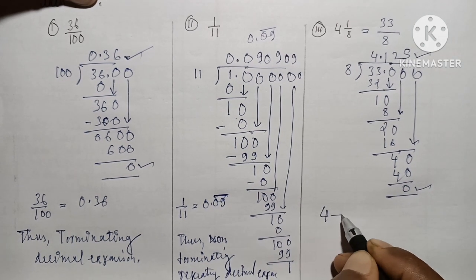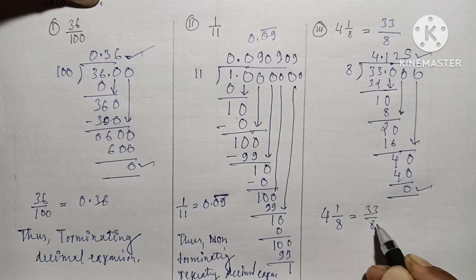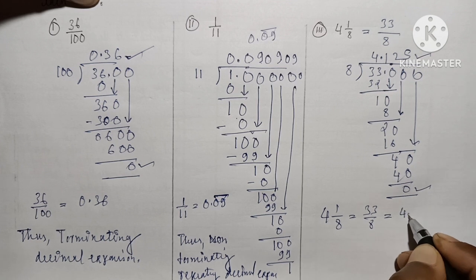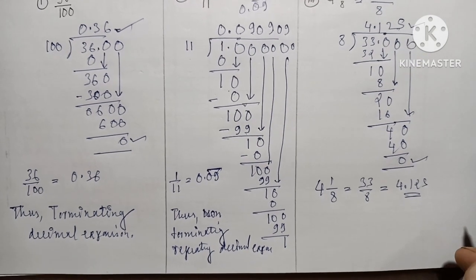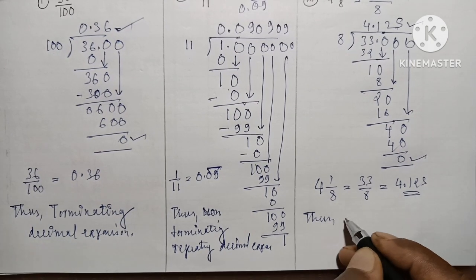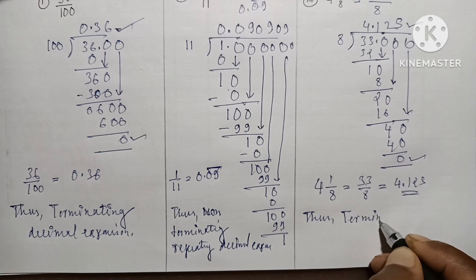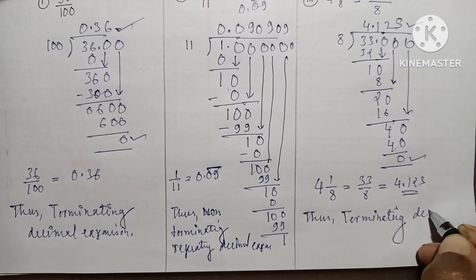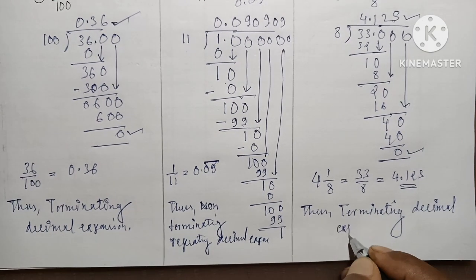Here you write 4 1 by 8 equal to 33 by 8, and then our answer is 4.125. Thus it is our terminating decimal expansion.